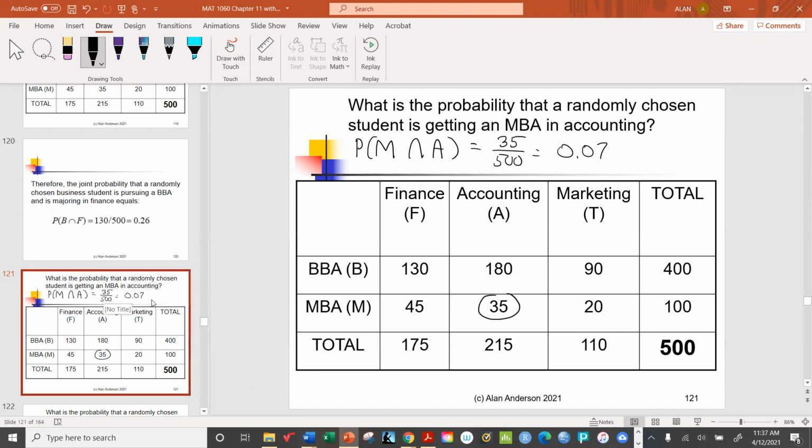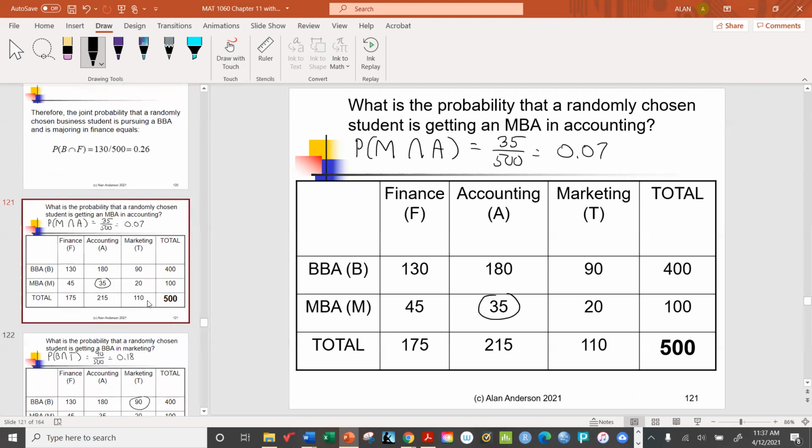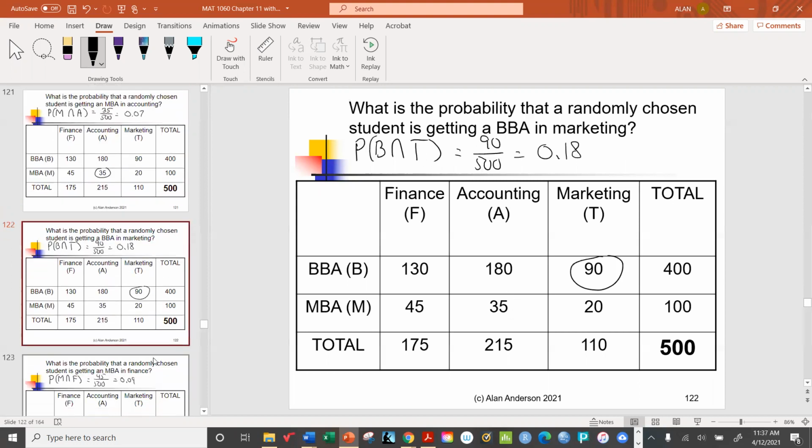Well, I'll show you. Go to the table and look at the intersection between marketing majors and students getting a bachelor's degree. So that would be 90 out of 500, which is 18%.